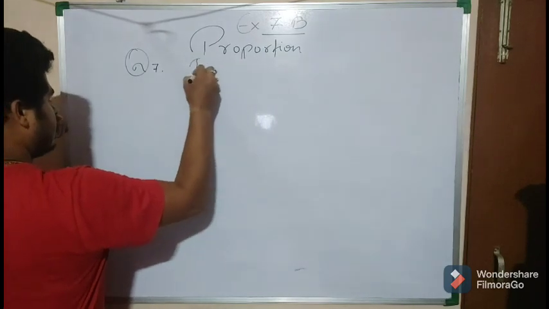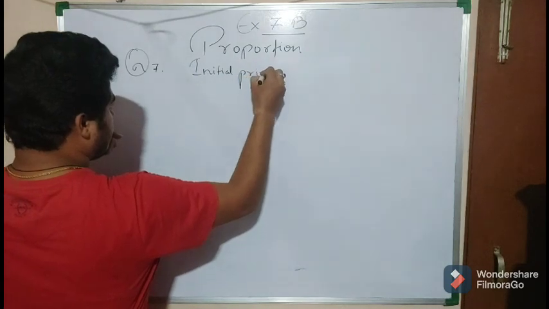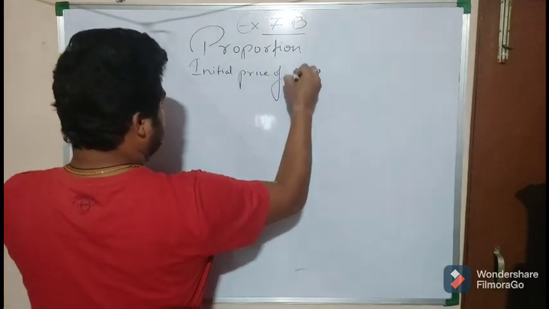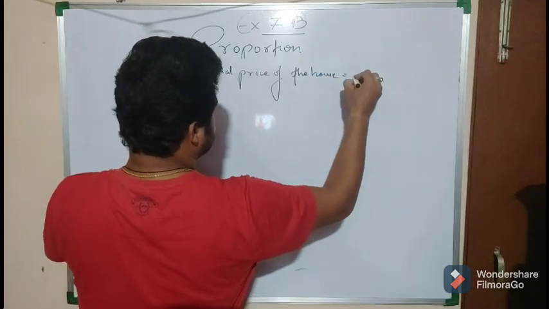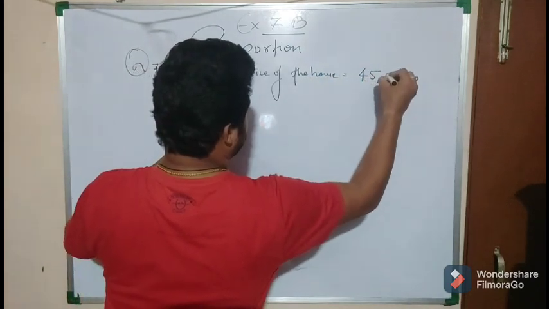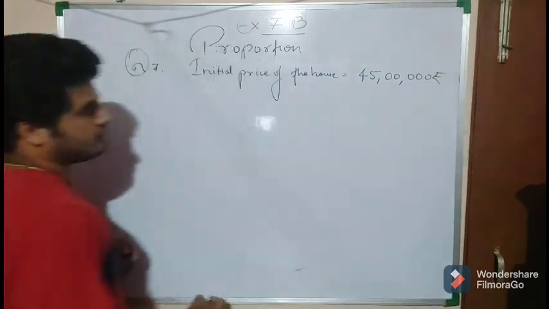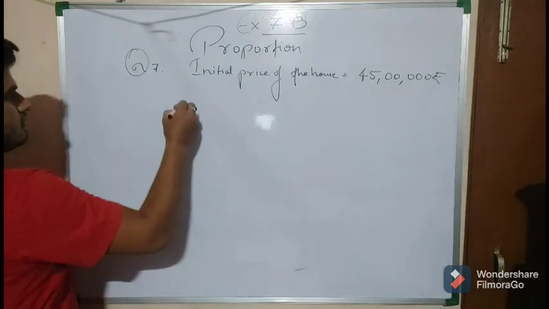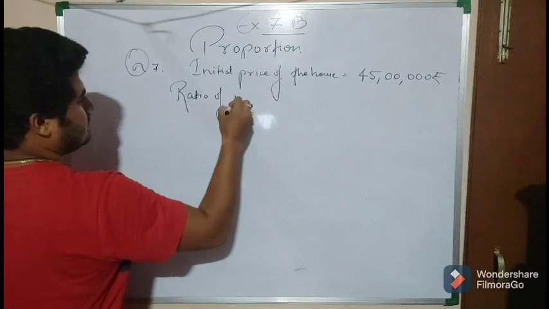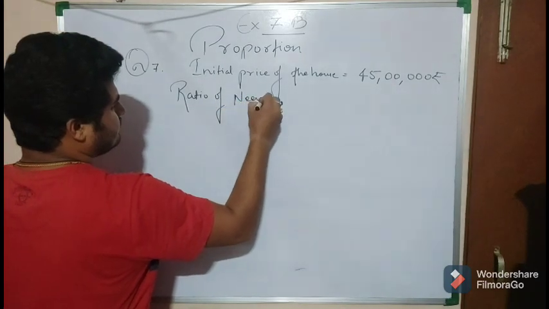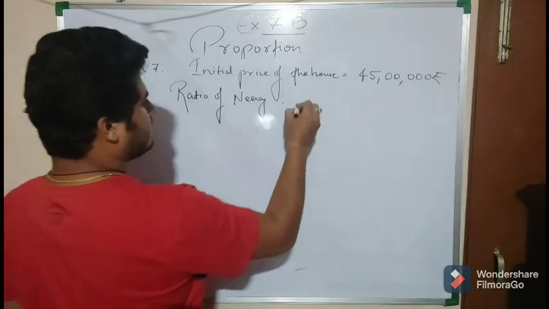So the initial price of the house was 45 lakh rupees, and we need the ratio of Neeraj to Sanjeev, both the friends.